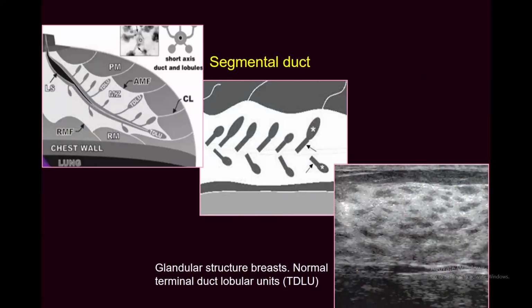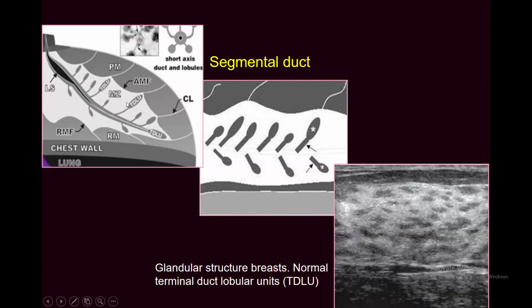This is an illustration of a segmental duct coming from the nipple, going into the parenchyma till the terminal lobule. You see, this is a terminal lobule. These are the anterior, and here are the posterior.